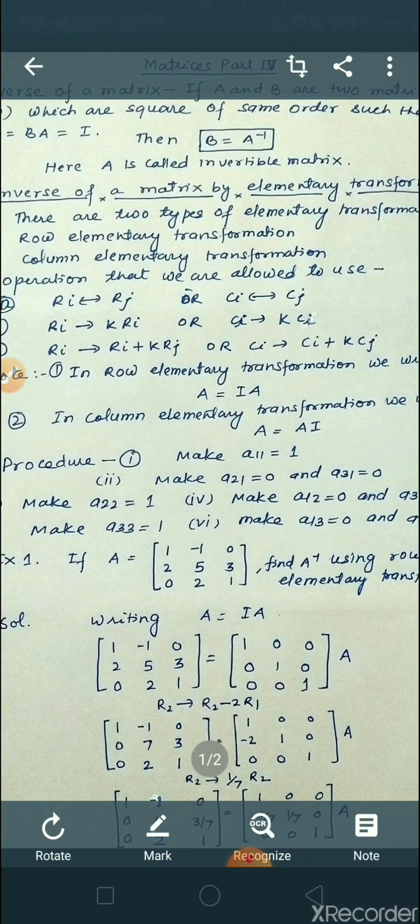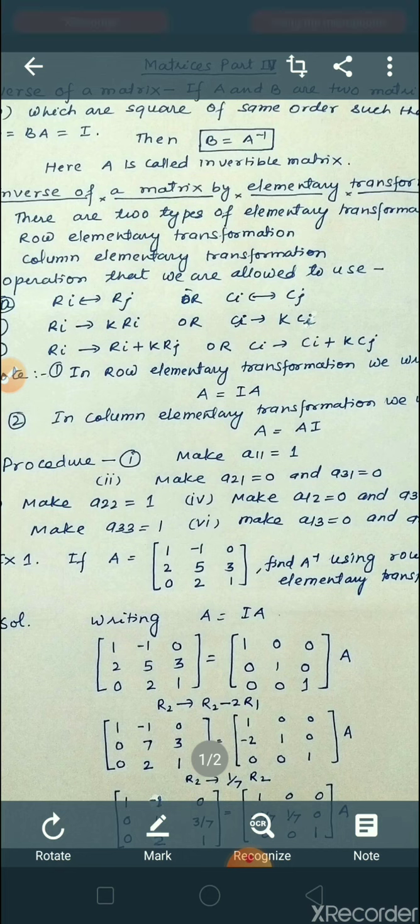Now the procedure, how would you solve for the inverse of a matrix? Children, we shall follow certain steps. These are fixed. You can take other steps as you wish, but steps are not uniform, but the inverse will be unique.